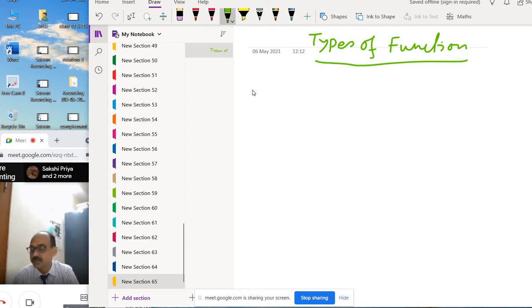The first is one-one function, or injective function. Another name is injective. So one-one function.